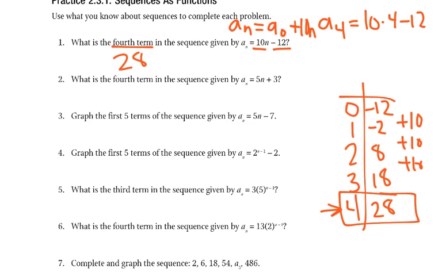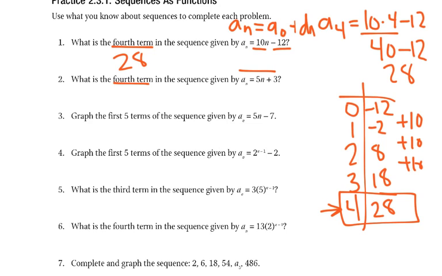So not 10, let's actually put d times n. If I look at this, 10 times 4 gives us 40, minus 12 gives us 28. So whichever one you determine is the easiest way to do it, by all means, use that way. So the second one, what is the fourth term of this?